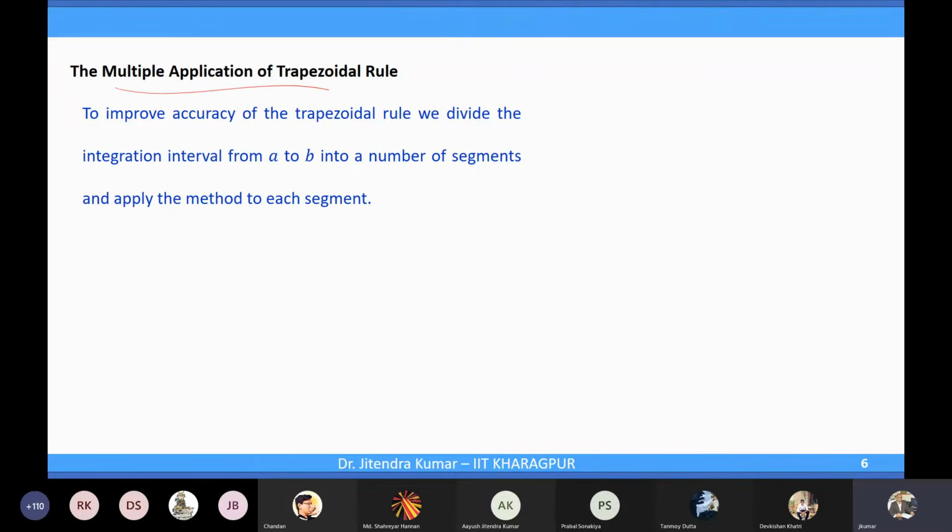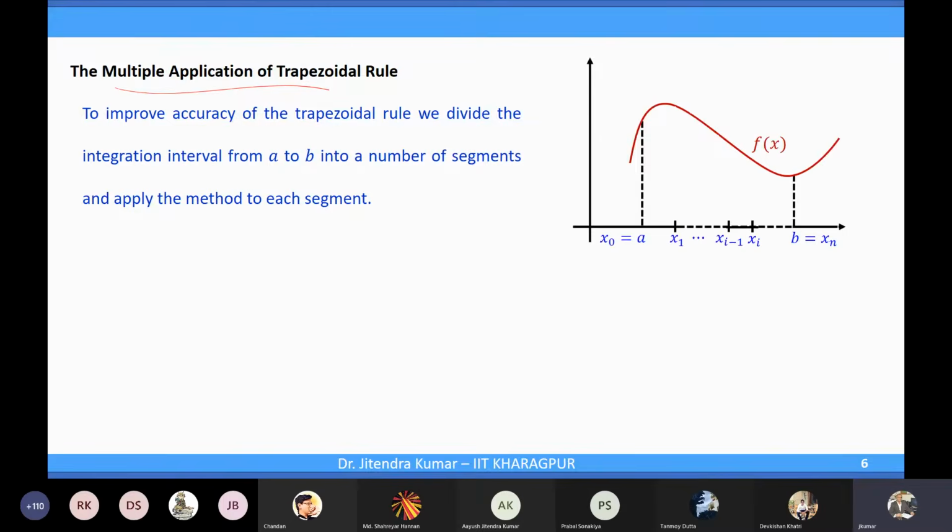So instead of having just 2 points from a to b, the idea is that we can break this interval into several intervals, so sub intervals, and then we can apply this trapezoidal rule in each interval, right? I mean, why apply once? We will apply in several intervals.